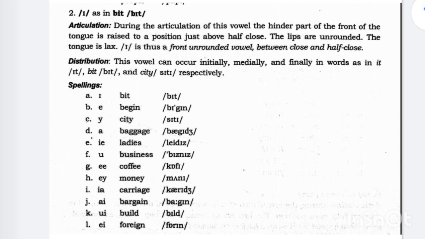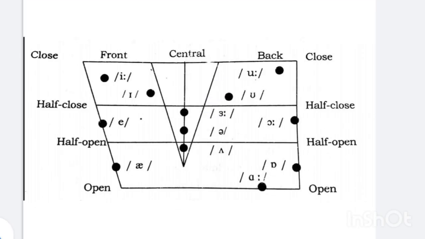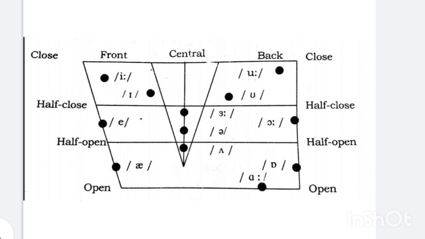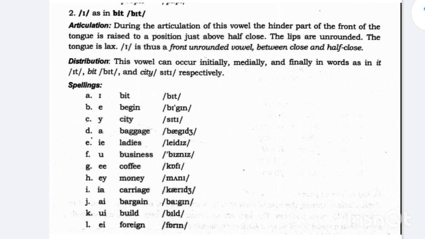Bit. I is thus a front, unrounded vowel between close and half close. Okay, why is it front? See, it is front, and the lips are unrounded. It is between close and half close. So that is it.